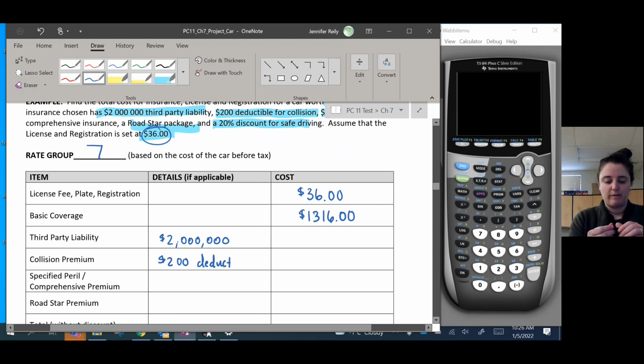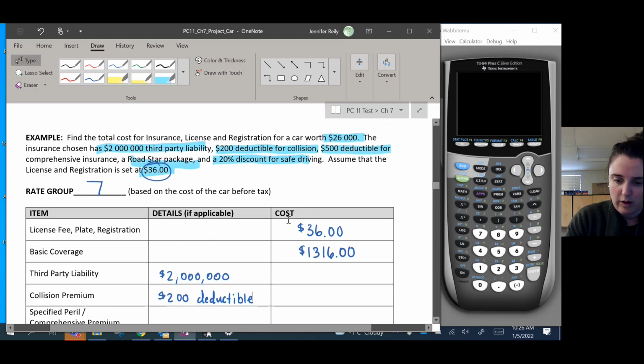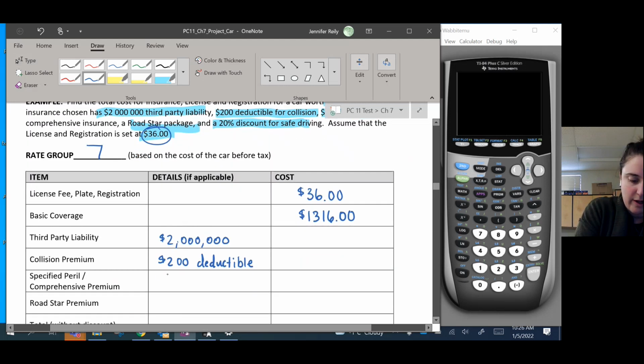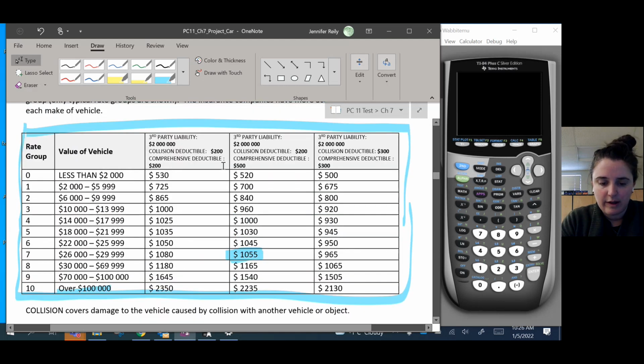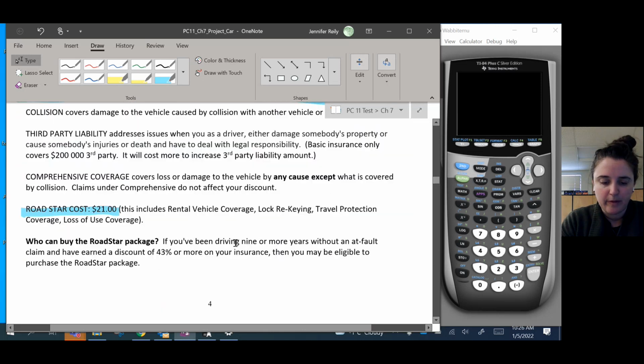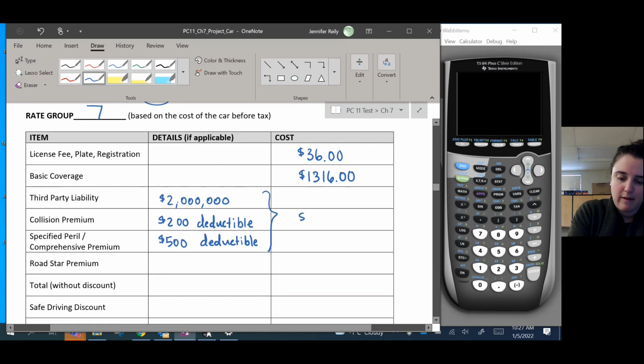This is just given in the question. And for $500 for the comprehensive. So all of those options, if we look at the chart here, it was $1,055 for this price of car.